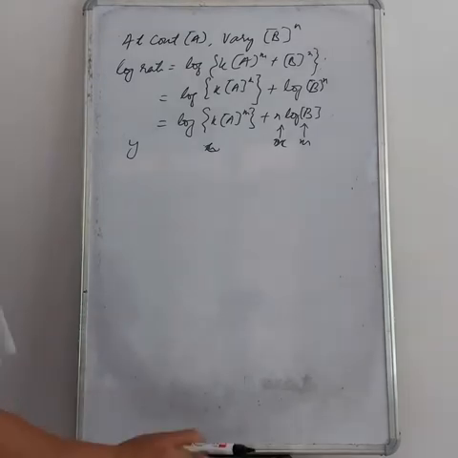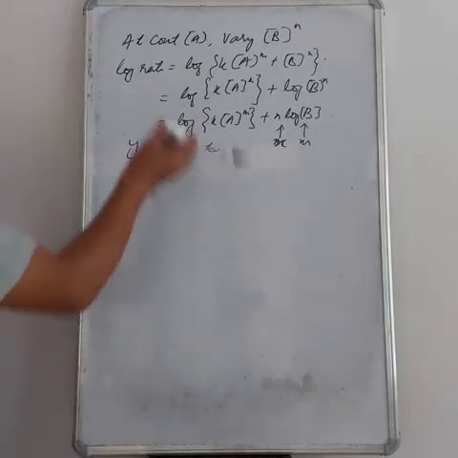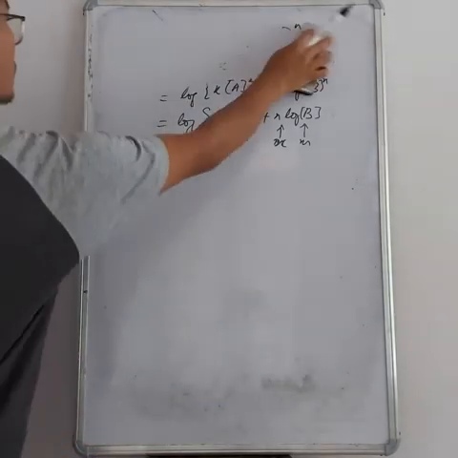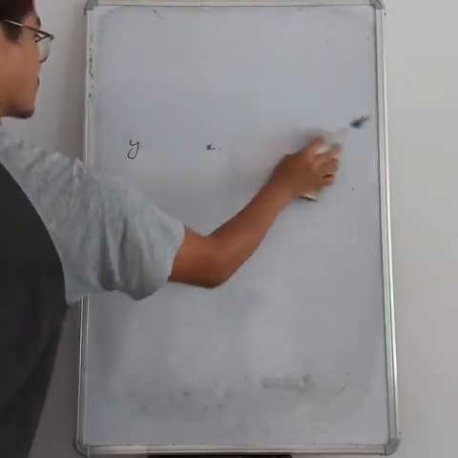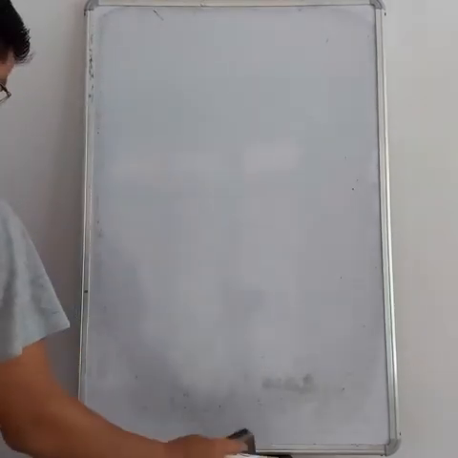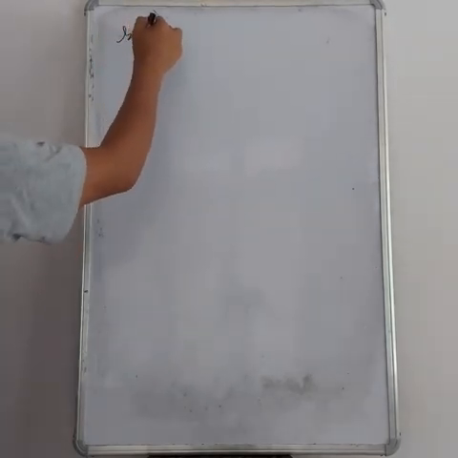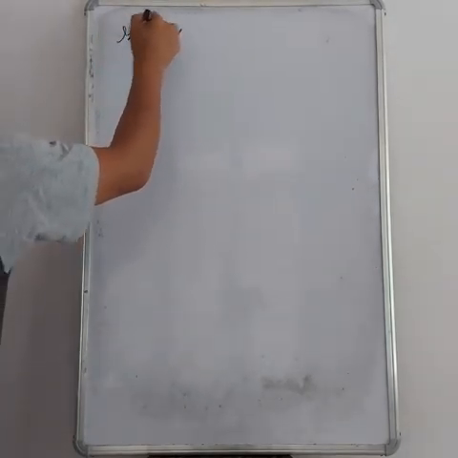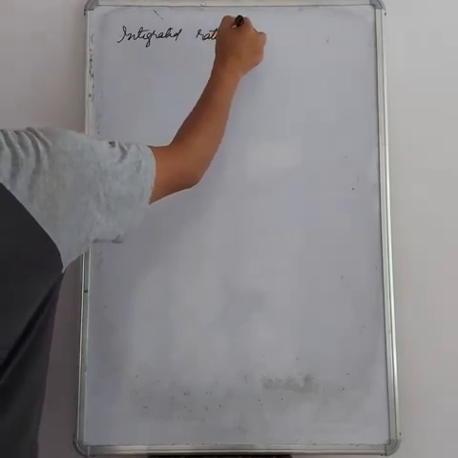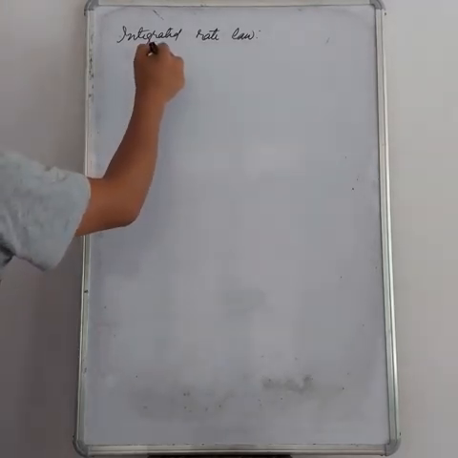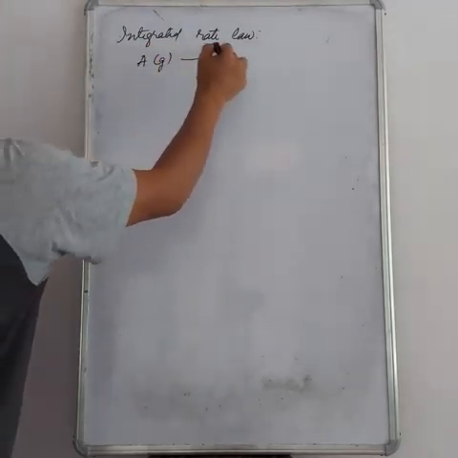Now we'll move on to integrated rate law. So what is integrated rate law? For example, a reactant gives us products.